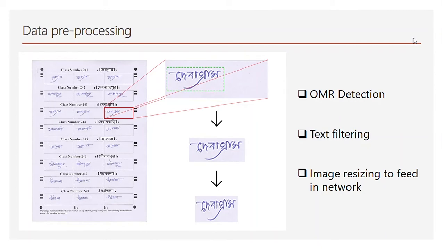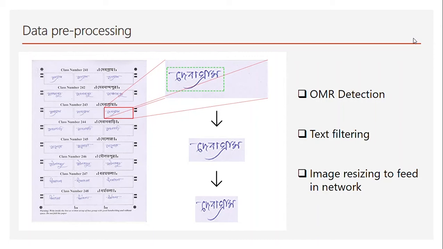After taking all of the samples, we scan the OMR sheet and put it in our script, so that our script will automatically crop the handwriting samples from that location.